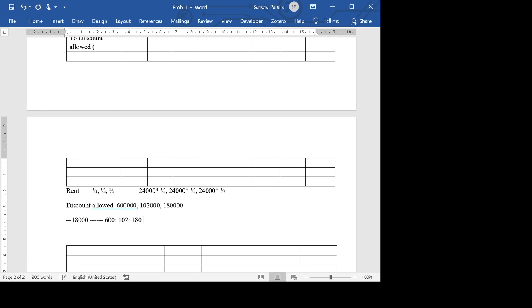This is a faster way of doing it, because you will waste time doing all your tables and calculations and bringing it down.